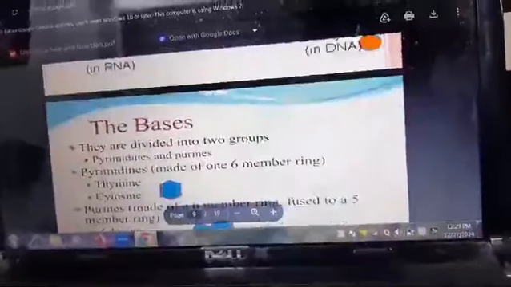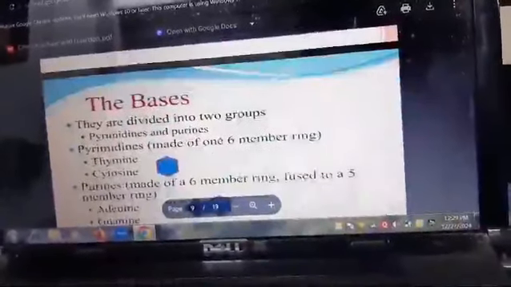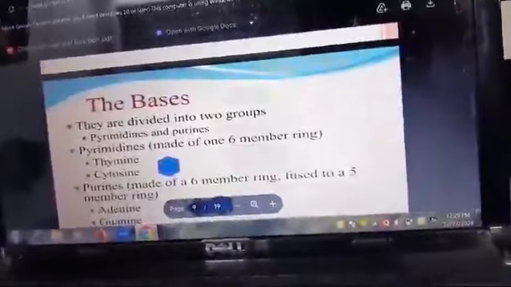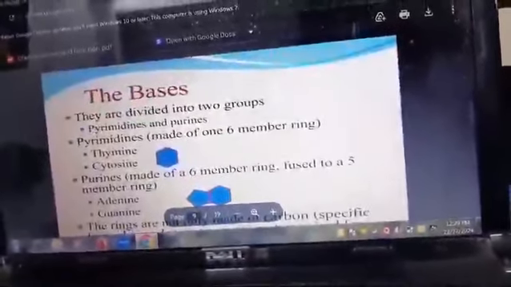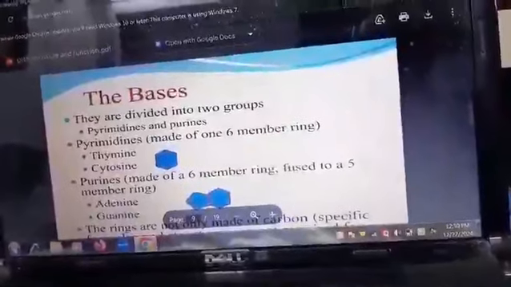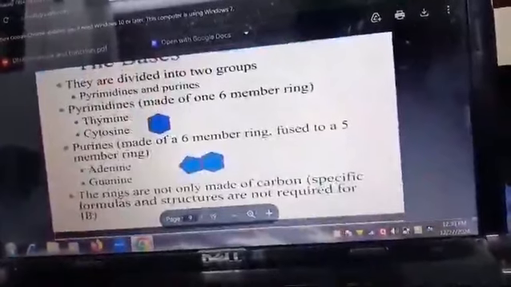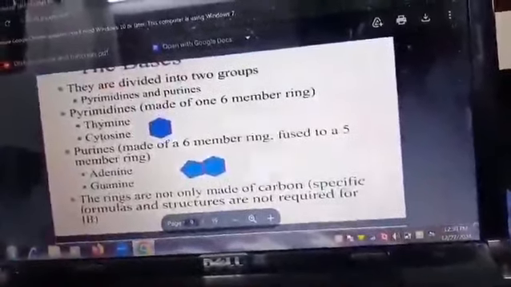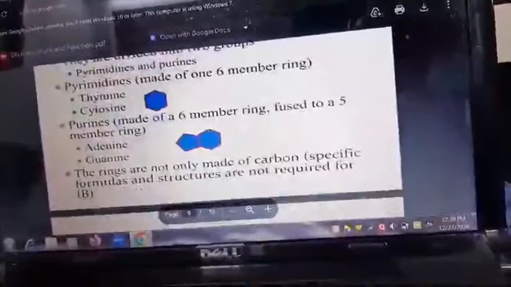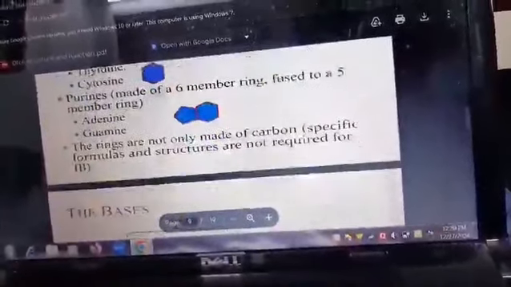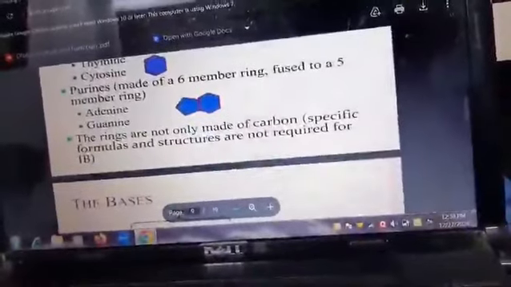The bases are divided into 2 groups, pyrimidines and purines. Pyrimidines are made of 1 six-member ring: thymine and cytosine. Purines are made of a six-member ring fused to a five-member ring: adenine and guanine. Rings are not only made of carbon.